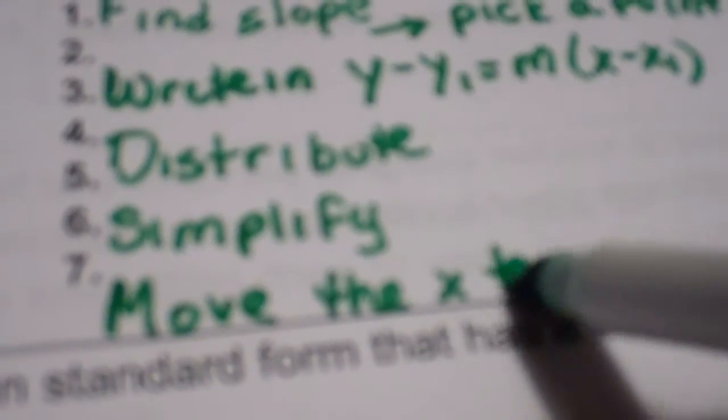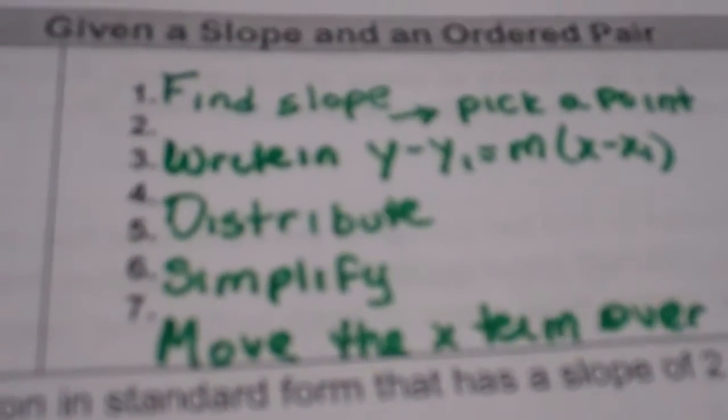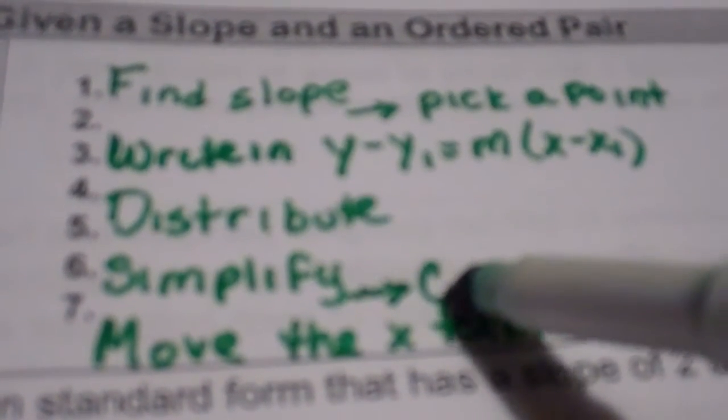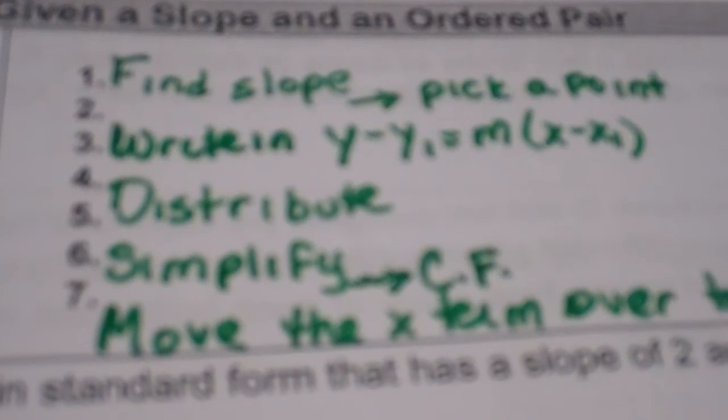And then move the x term over to the left side. Okay. And if there are any fractions, we're going to clear them in this step. I'm just going to put CF, clear fractions.